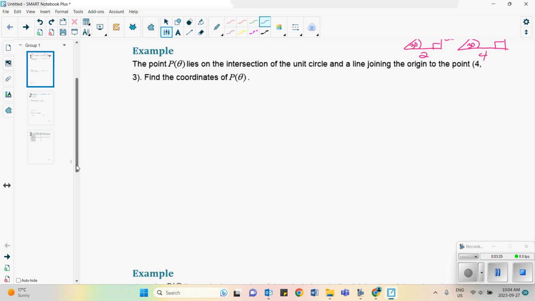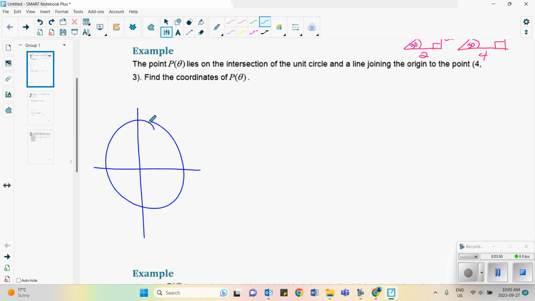Okay, with knowing that, point P theta lies on the intersection of the unit circle and a line joining the origin to the point 4, 3. Find the coordinates of P theta. That's a lot. What do we know about the unit circle? Radius of 1. Okay, that's what we know.